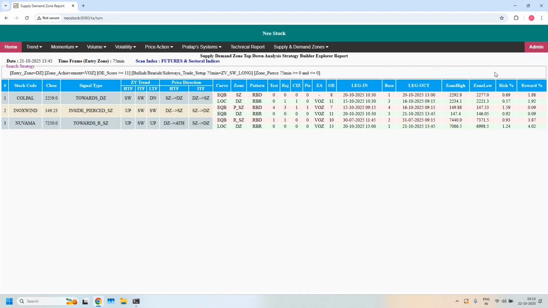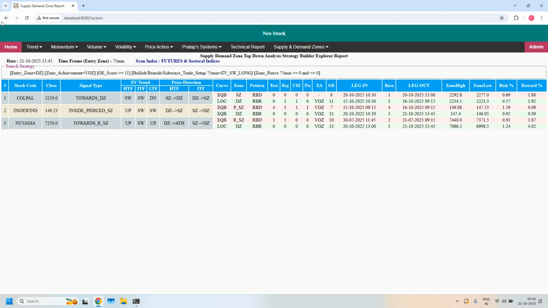Let's filter. We got 3 stocks supporting the sideways long trade setup for a weekly income trade, and the entry time frame zones are 75 minutes demand zones. You should plan trades only if less than 30.3 checklist items are satisfied, because it is a sideways trade setup, otherwise higher chances of zone violation.